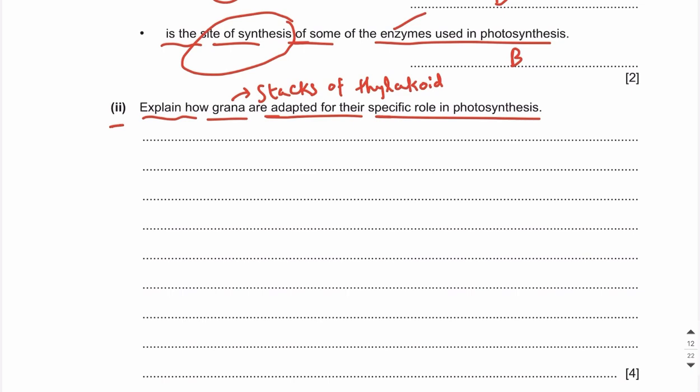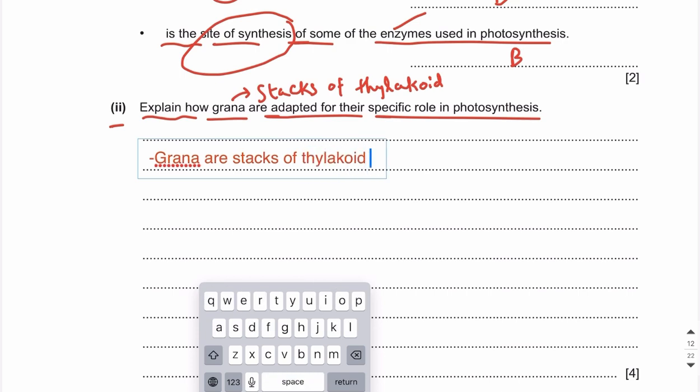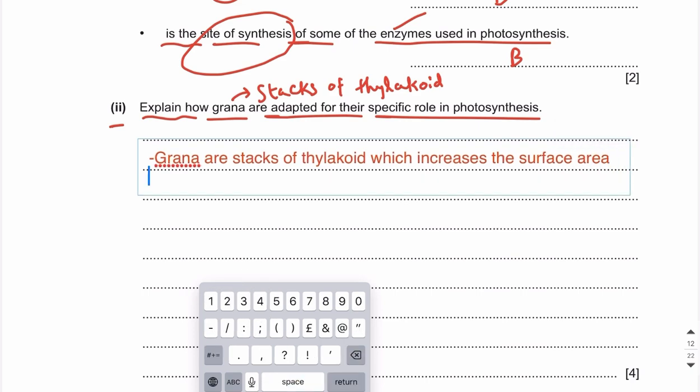So we simply have to answer how grana are adapted for their specific role in photosynthesis. You need to mention that grana are the stacks of thylakoid, right? Because of this there is a large surface area. Grana are stacks of thylakoid which increases the surface area for maximum light absorption, right?